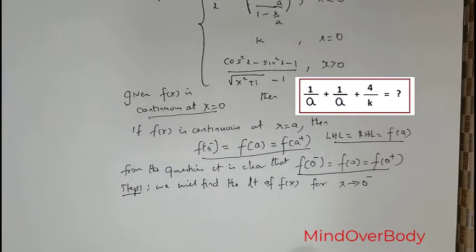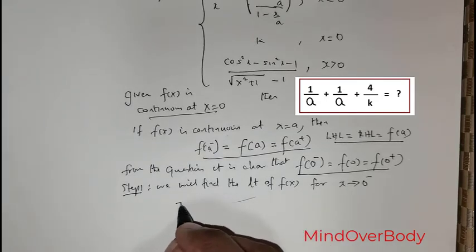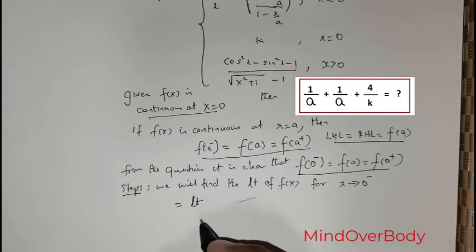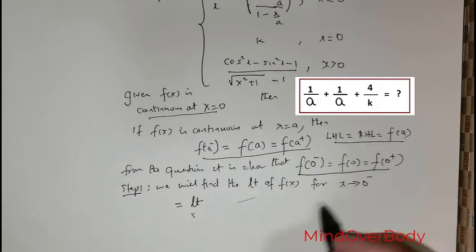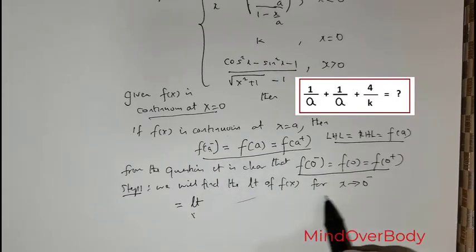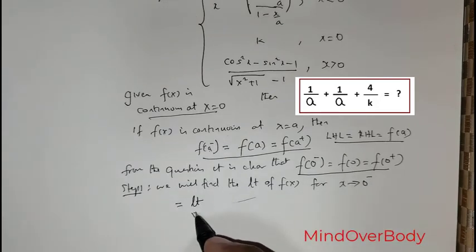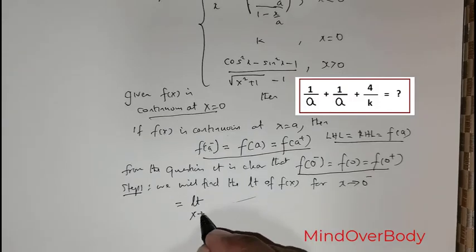That means as x is approaching 0 from the left hand side, we will have to get the limit. Since it is already set to hold this condition, it is sufficient that I just extract the limit when x is tending to 0.